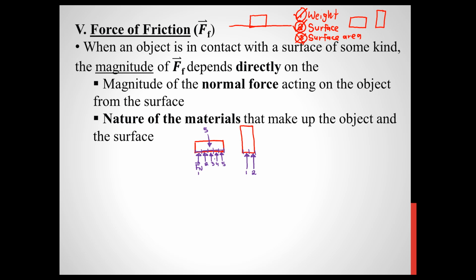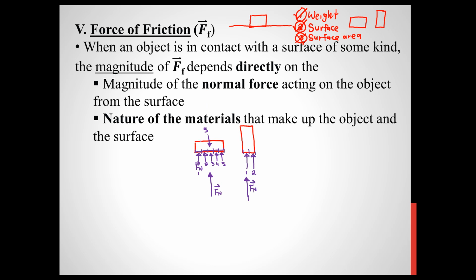If you add all of these vectors together and just represented the normal force with a single vector, maybe like Fn, if you add 5 small normal force vectors together, you get this one. And on the right-hand side, if you add these 2 larger normal force vectors together, you would also get the same magnitude of the normal force.